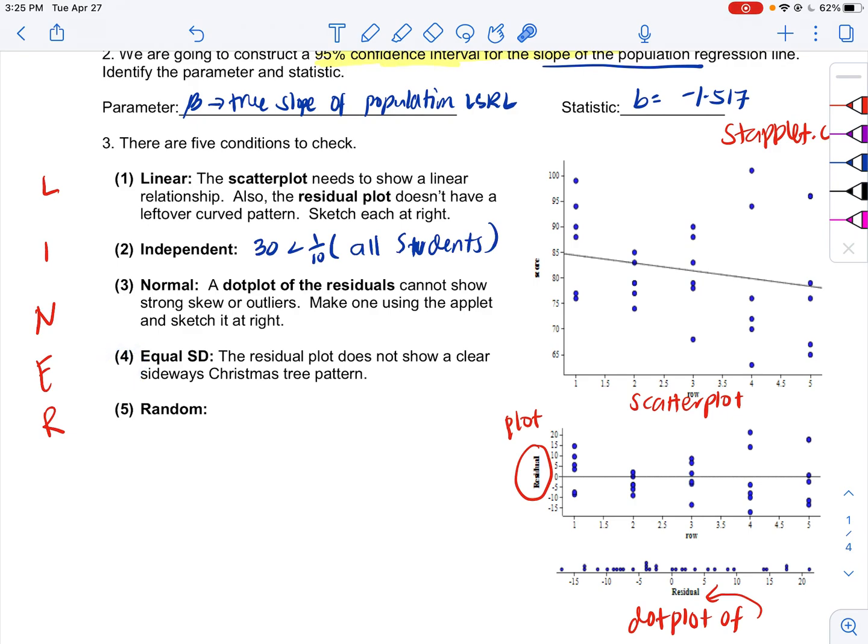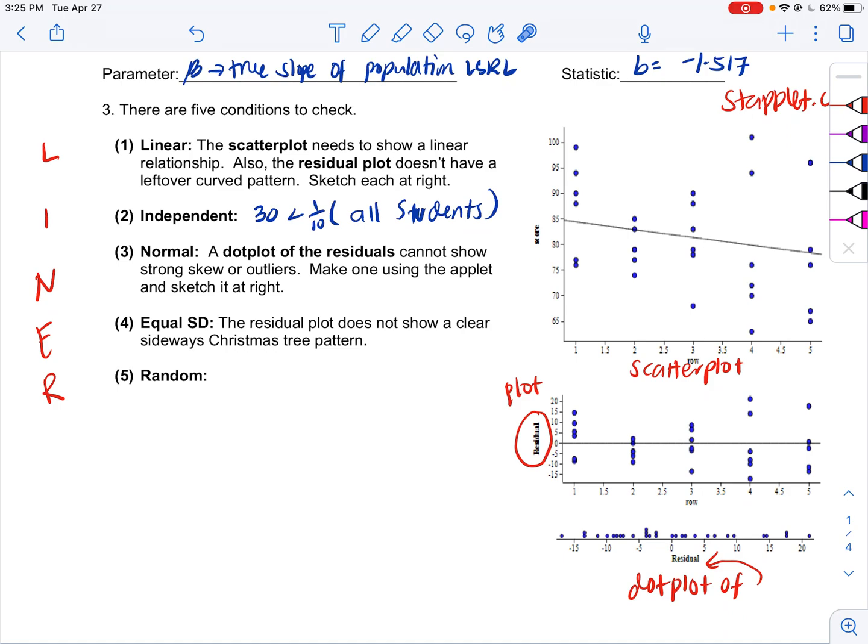Number 4, equal SD. The residual plot does not show a clear sideways Christmas tree pattern. What that means really is that the dots are approximately the same distance from the line at 0.